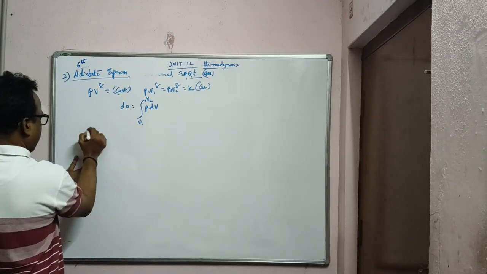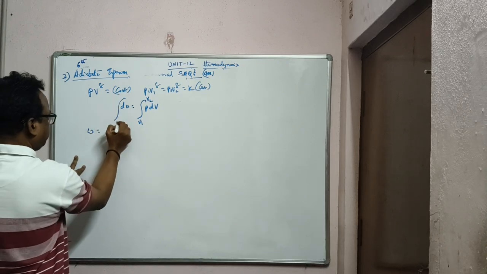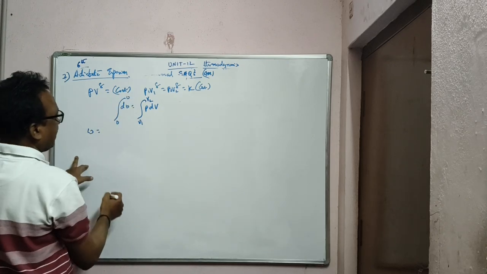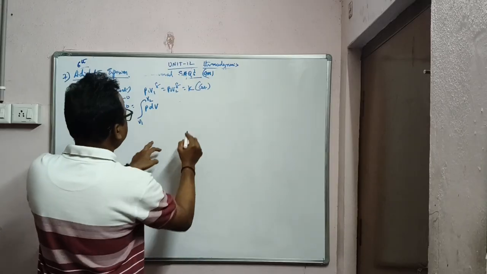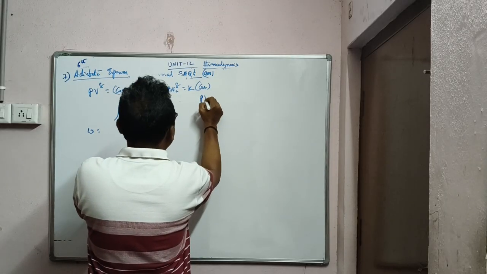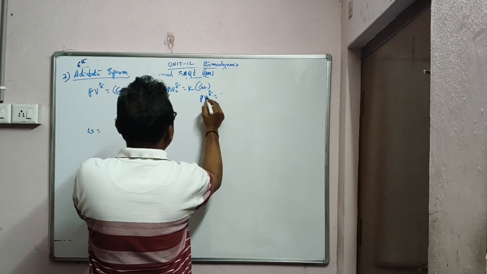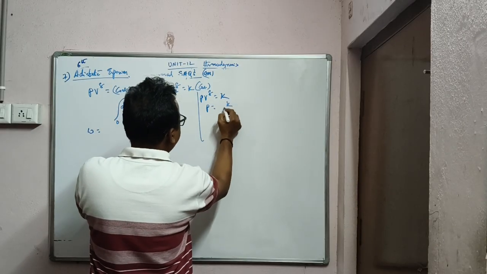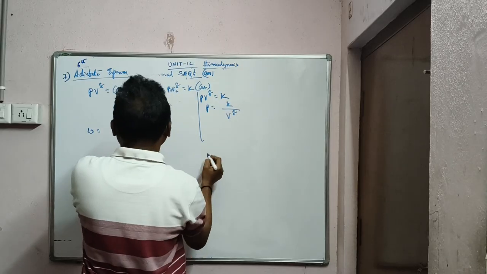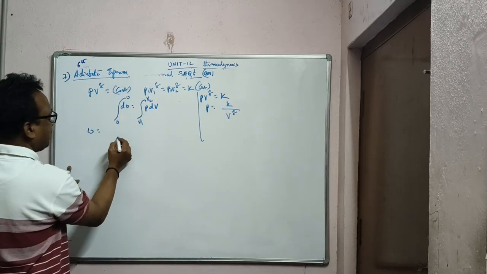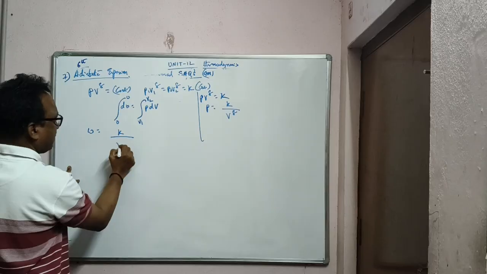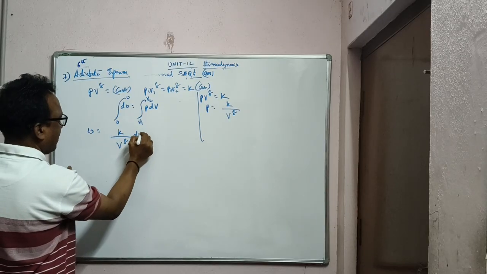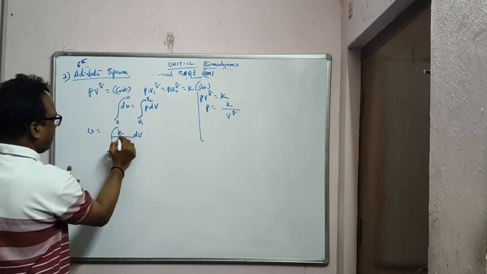So here work done W is equal to integral P dV. Take a look at the equation here. As PV to the power gamma is equal to constant, what does P become? K by V to the power of gamma. Substitute here. In place of P, K by V to the power gamma dV from V1 to V2.